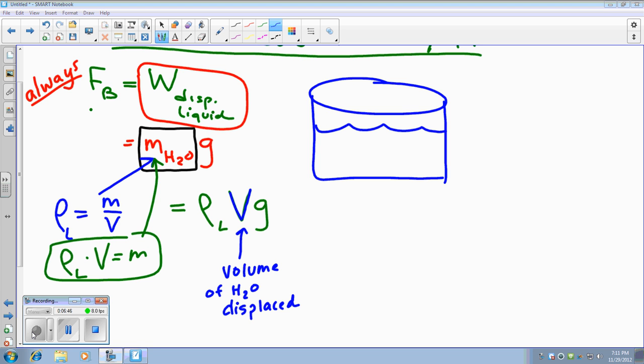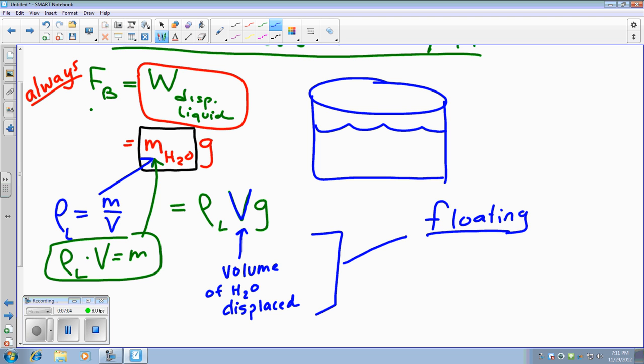Now this is where the situation gets tricky. Are we talking about a floating object or a sinking object? I'm going to break that down over here. If I'm talking about a floating object, when we think about that volume of the water displaced, we're thinking about the volume of the object that's underwater.